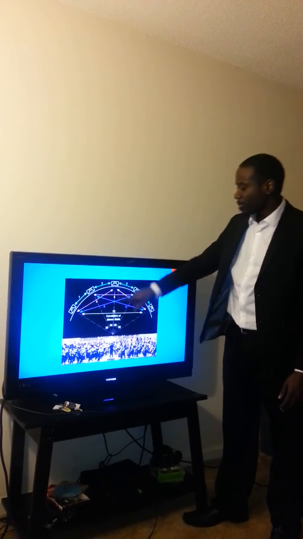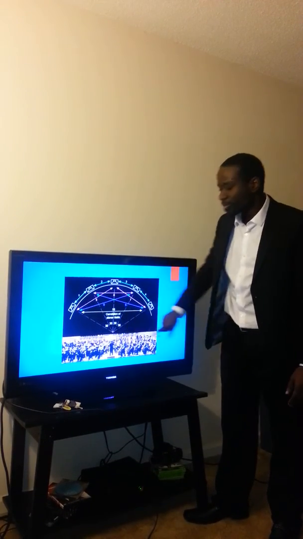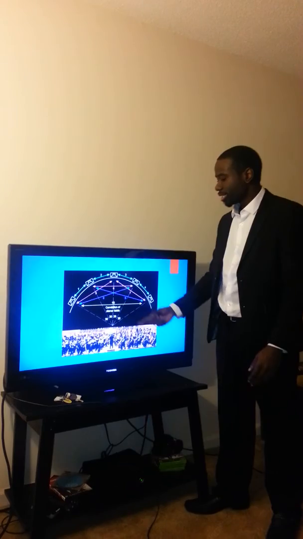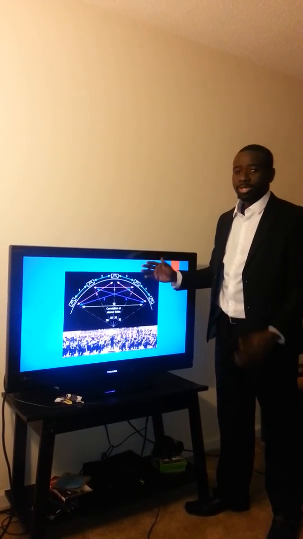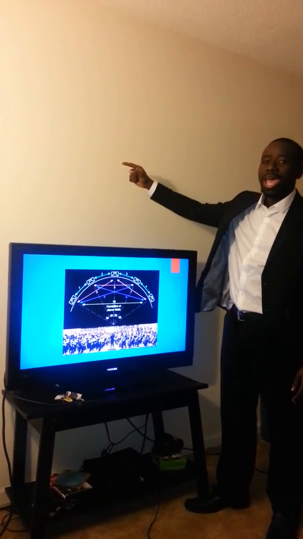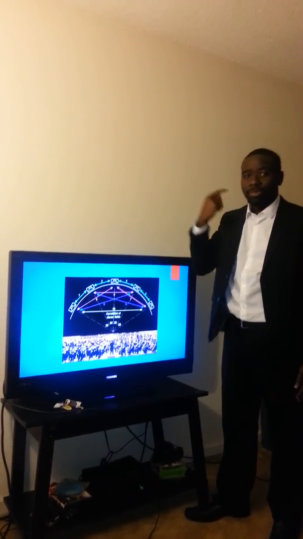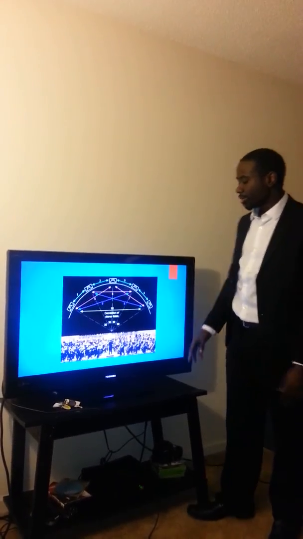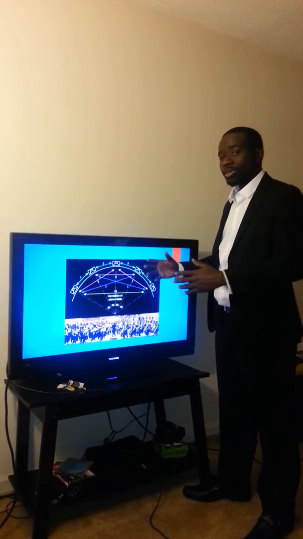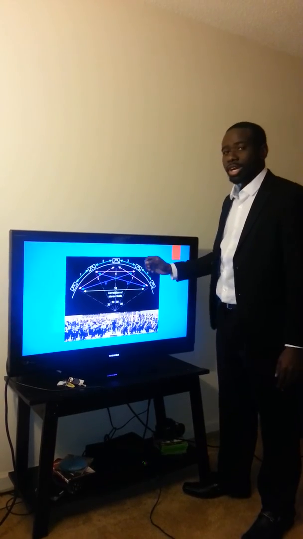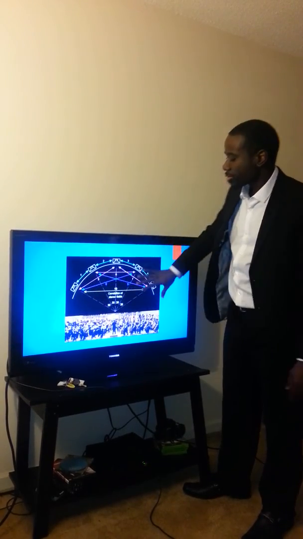So, from left to right, we have our frequencies, and from bottom to top, we have our reverb. Basically, how far back the instrument is from the listener. So, what we would do is apply the right effects and apply the right modules to move our instrument anywhere in this 3D space.